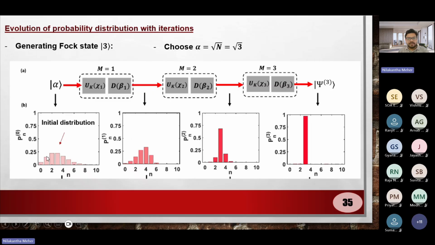Once I apply the Kerr unitary and displacement, after the first iteration, the probability distribution looks like this. In the second iteration, it gradually narrows down towards 3. And after the third iteration, the probability reaches up to 0.97. You can see other photon numbers are negligible. So we can very closely generate Fock states with these 3 iterations.